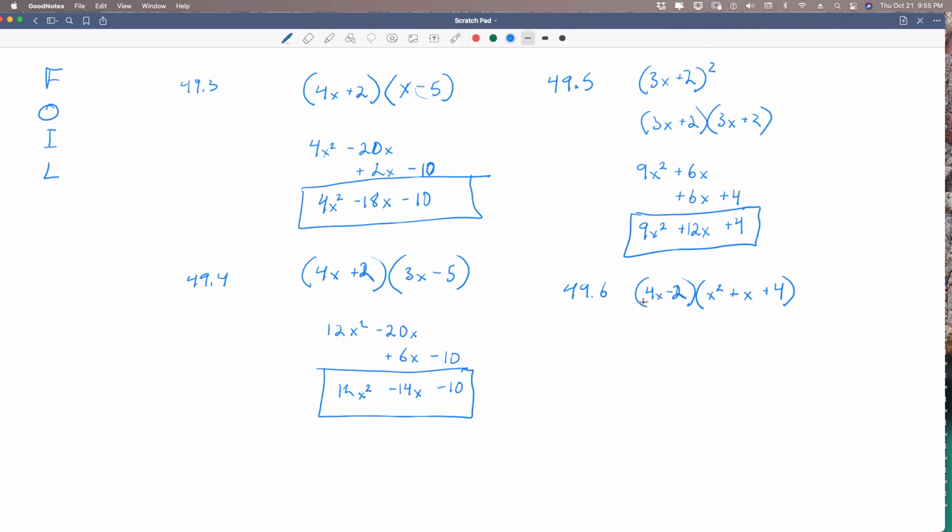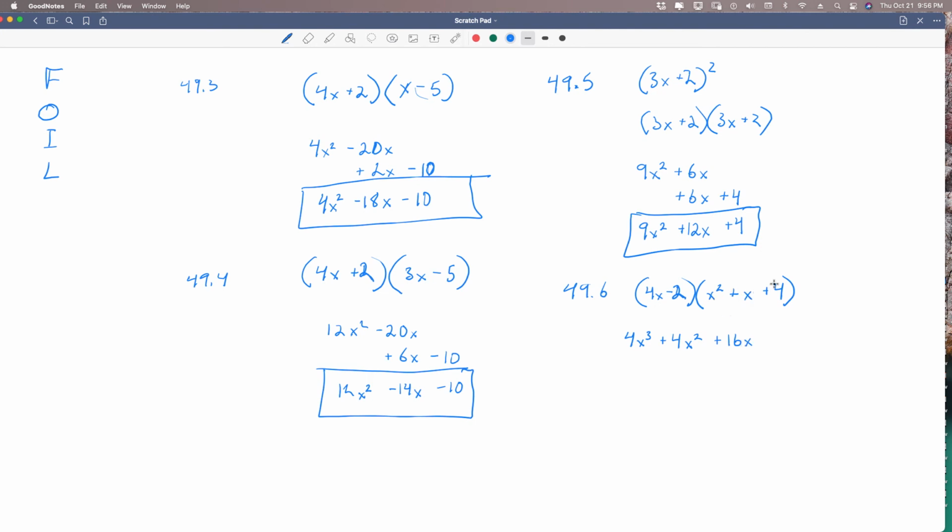We're going to use the first term and do all three of these. So 4x times x squared is going to give us a 4x cubed. 4x times x is going to give us a positive 4x squared. And 4x times 4 is going to give us a positive 16x.